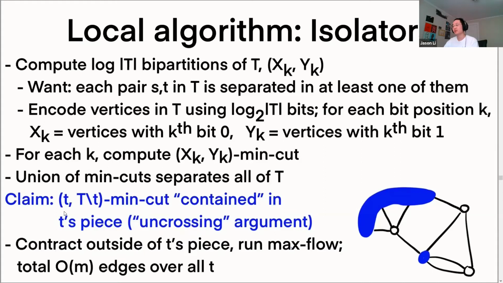So we just output, let's say, the smallest cut found. Okay. Does that make sense? Again, we haven't shown how to compute T. That's essentially the expander decomposition part. So that's essentially how we recover the cut separating T.